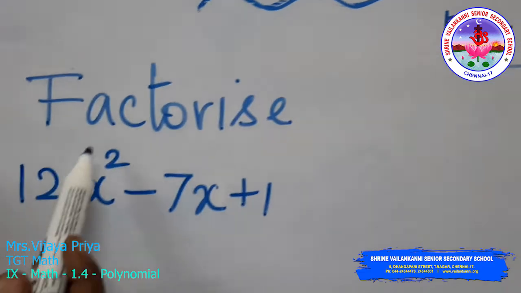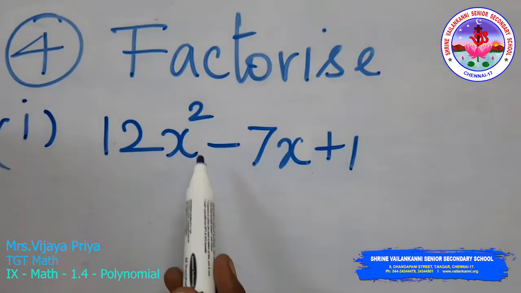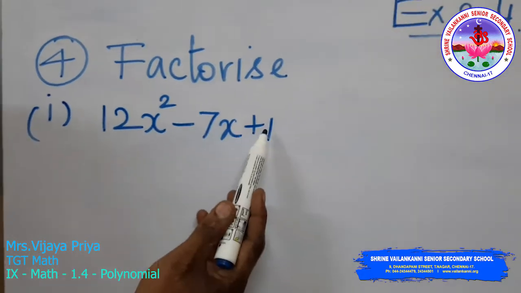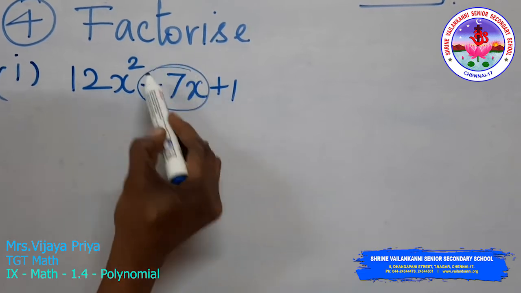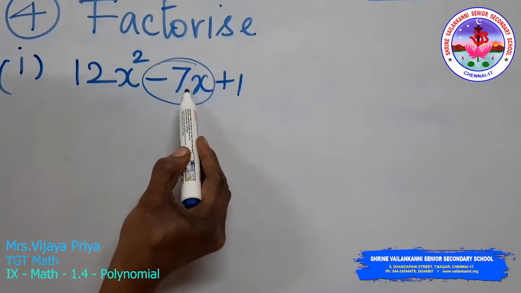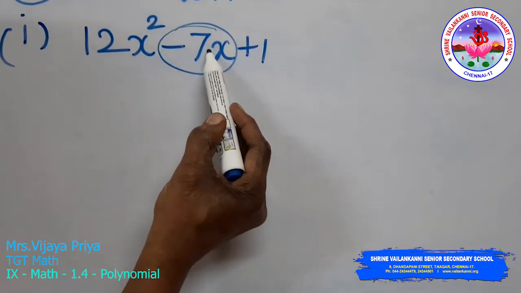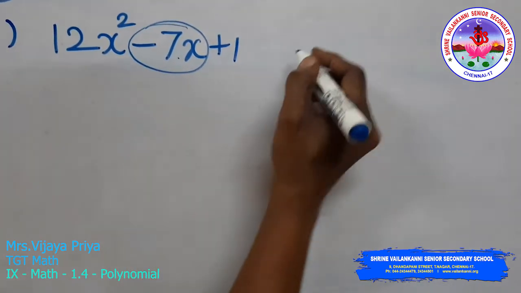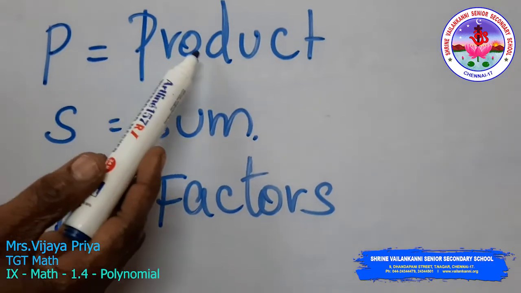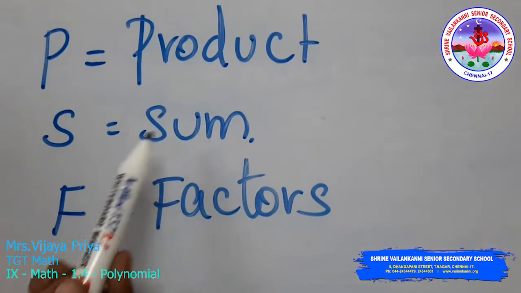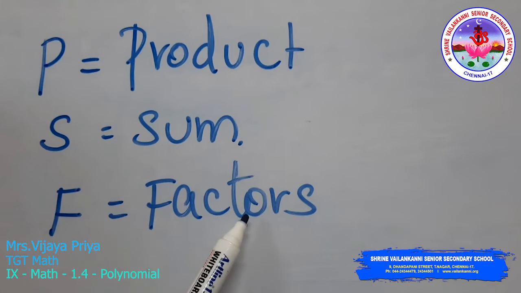Fourth problem: factorize 12x squared minus 7x plus 1. I am going to split up my middle term here, so I am going to use my PSF method. Here P is product, S is sum, F is factors for the product.